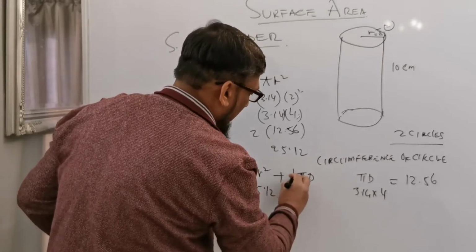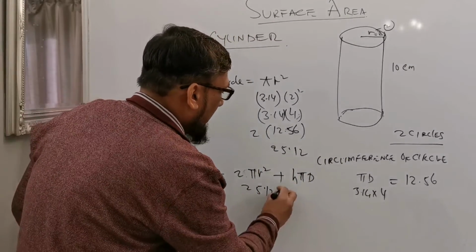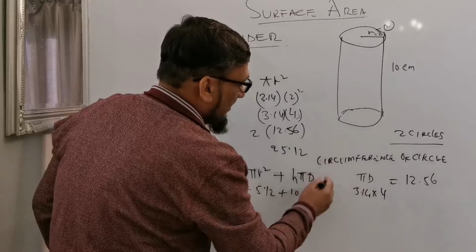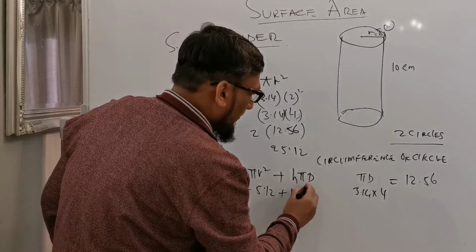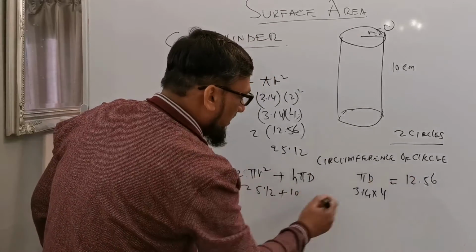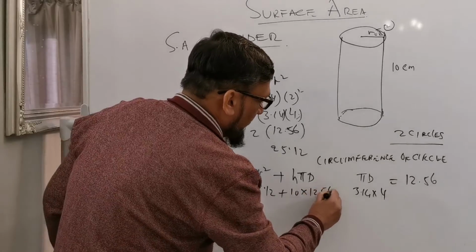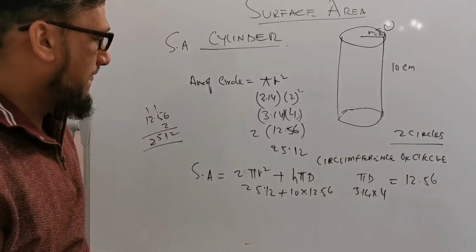The height, we know, is 10, times the circumference which we already found, 12.56.